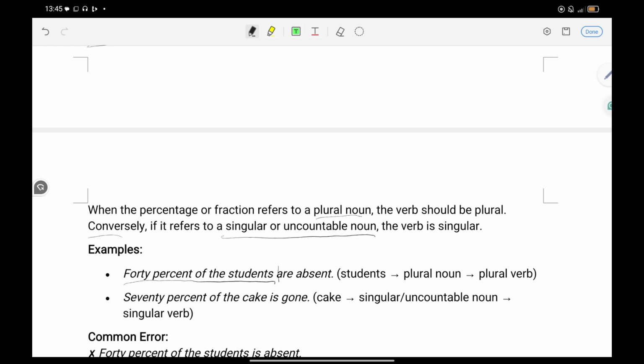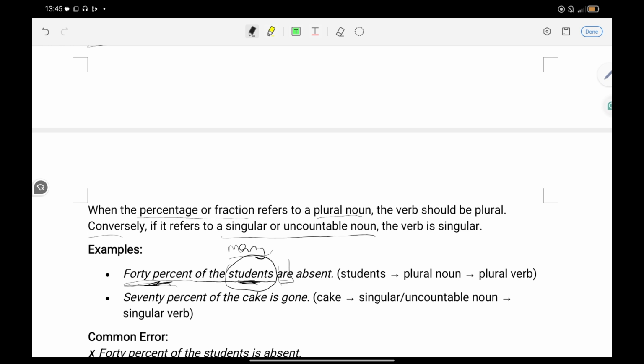Why is it are? Because the noun is plural. 40% of many people are absent. As long as you can count the noun and it is in a plural case, it is plural. That's when dealing with percentage or fraction.